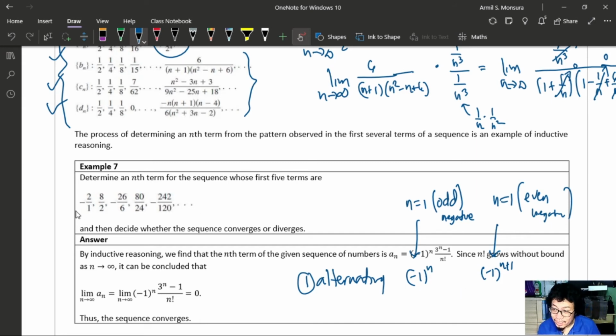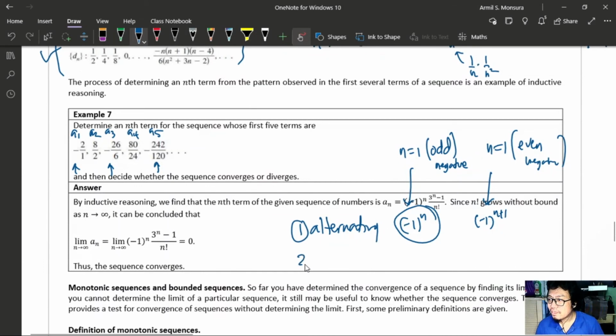So here, if we let this be a, so this is a1, a2, a3, a4, a5, and so on, you see that a1, a3 and a5 are negative, so your odd terms are negative. So more or less this would appear. So that's one.